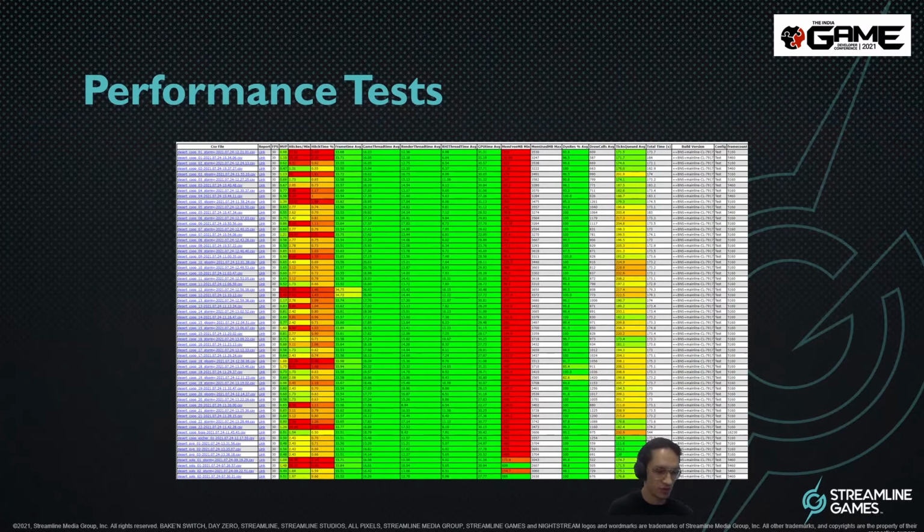Next, I'll get into some of the performance testing that we're automating. Here's, for example, one of the reports that we get spit out for Bacon Switch. For Bacon Switch, we have over 200 levels that we needed to ensure are running at an acceptable frame rate for the Nintendo Switch. And doing that for 200 levels manually is honestly a nut job.